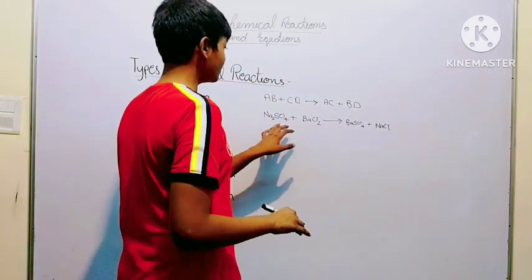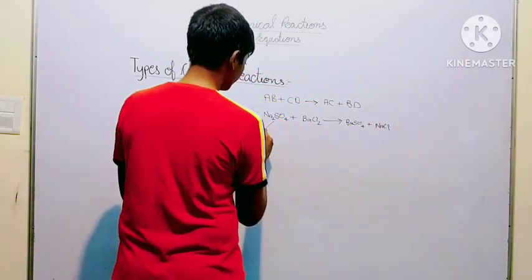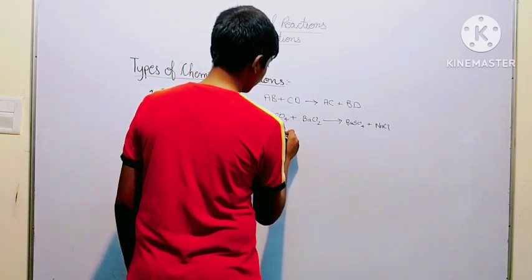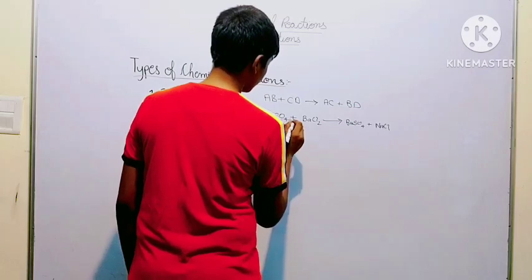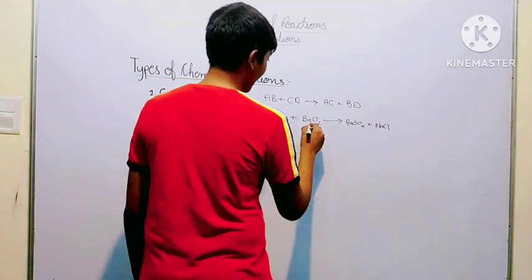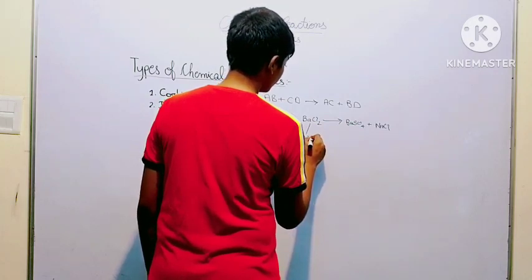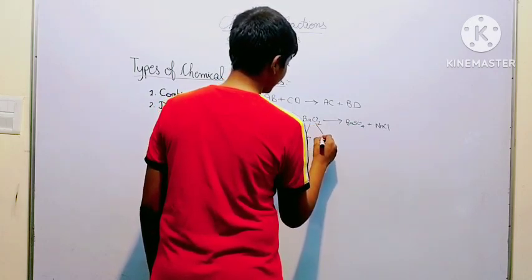So what is happening is this: if we break down sodium sulfate, we would get Na plus ion and SO4 2 minus ion, and if we break down BaCl2, we would get Ba 2 plus ion and Cl minus ion.